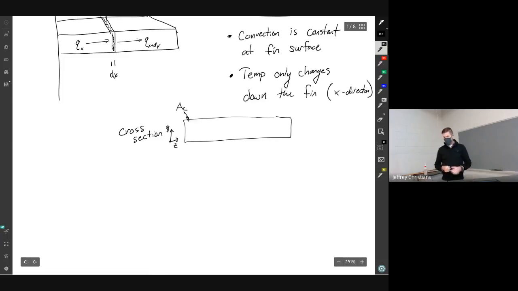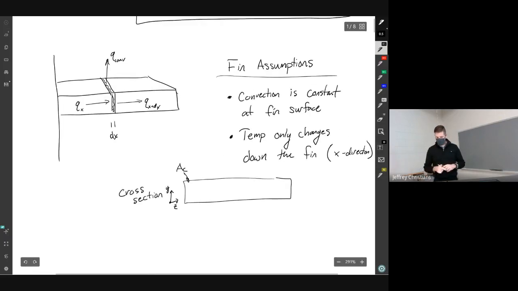If we took a slice, the temperature of that whole slice is constant. So the only temperature gradient, the only change in temperature, is in the x direction, from the base to the end of the fin.